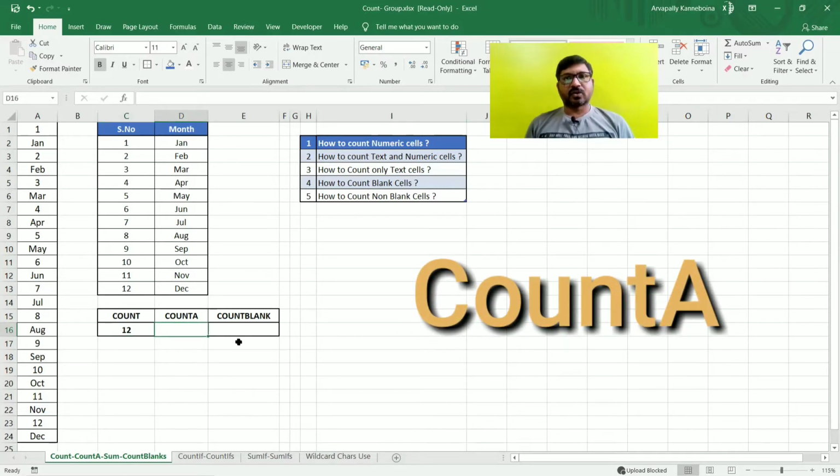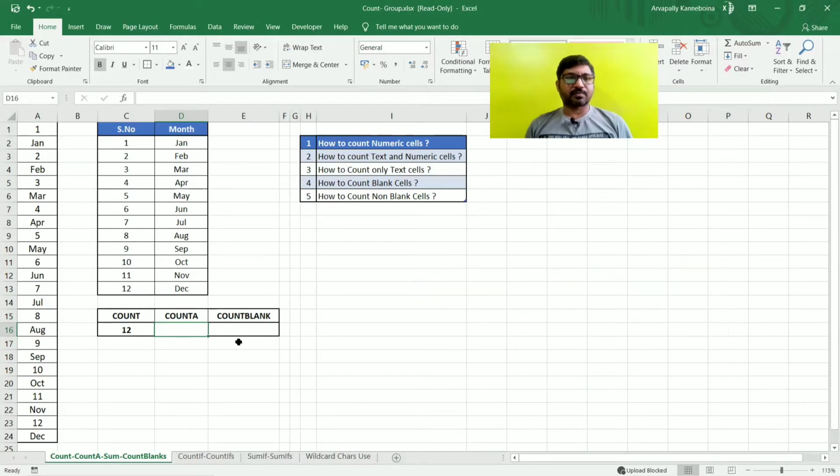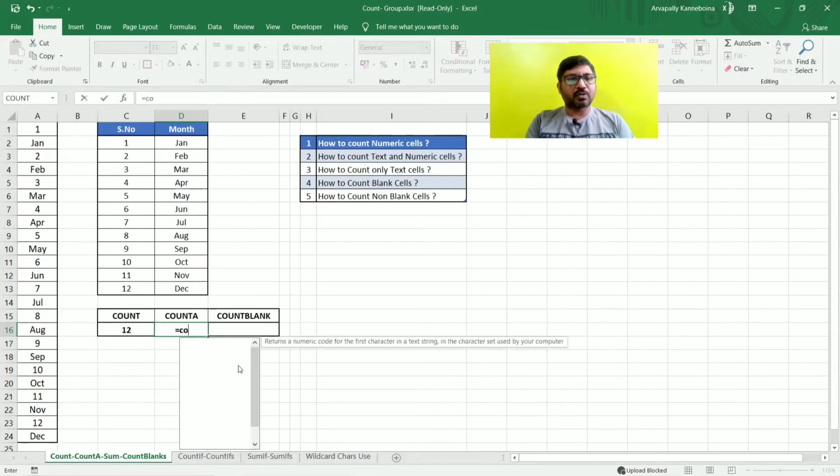COUNTA is a similar formula to COUNT, but with a difference. We are adding A. You can assume that A means alpha, and alpha is text. We have a range with a combination of numbers and text. You can write the formula equal to COUNTA.